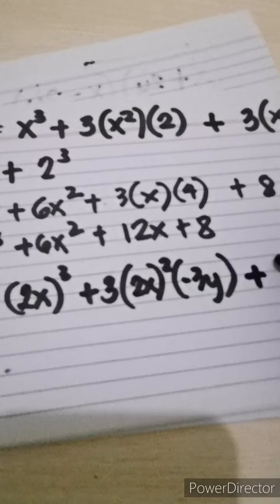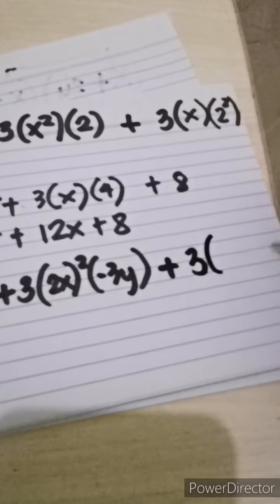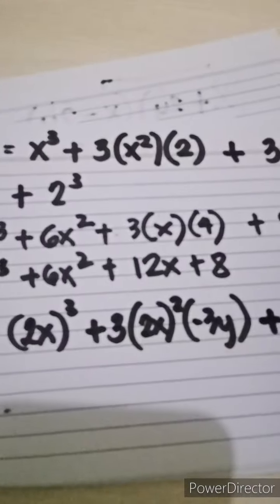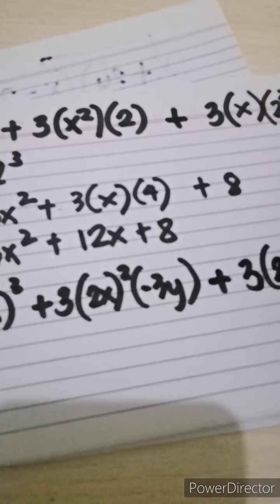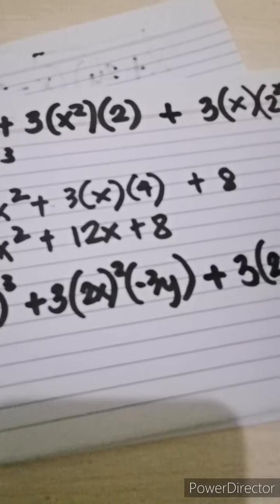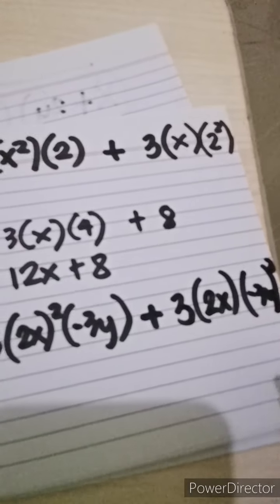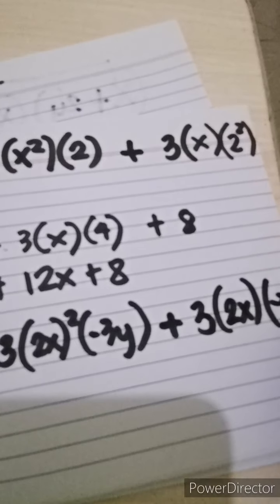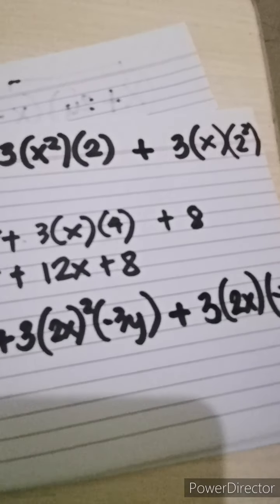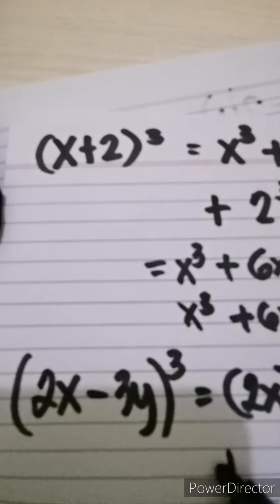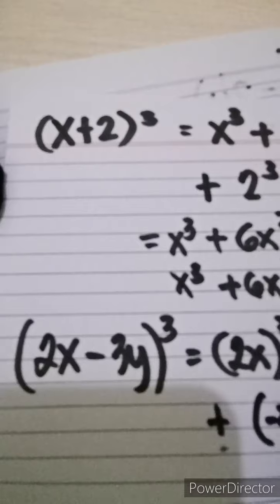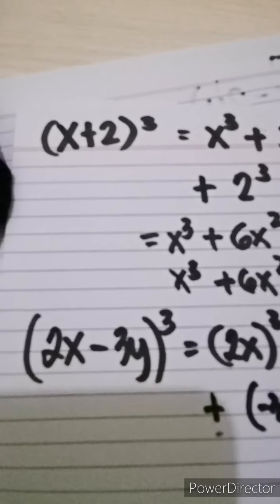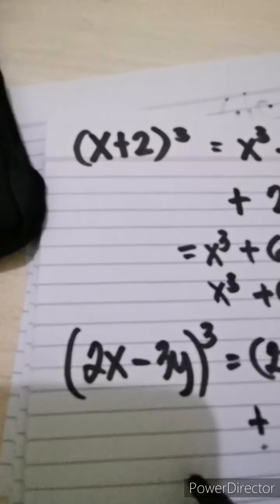Next, we have again the constant 3 times the first term, which is 2x, and the square of the last term, which is negative 3y, then squared. So, negative 3y and squared. Okay. Next, plus cube the last term. So, negative 3y cube. So, let us answer.